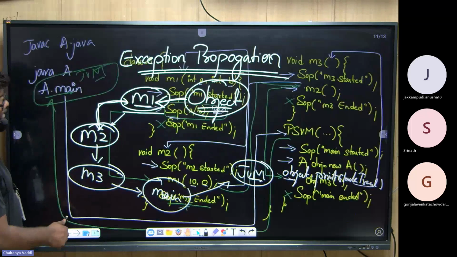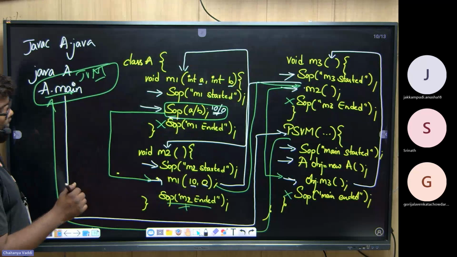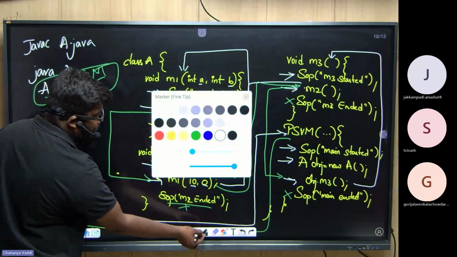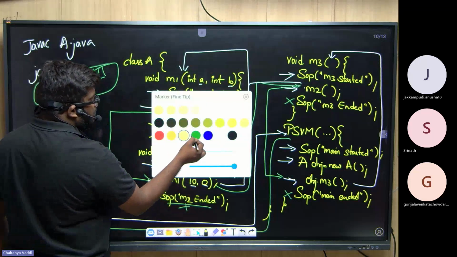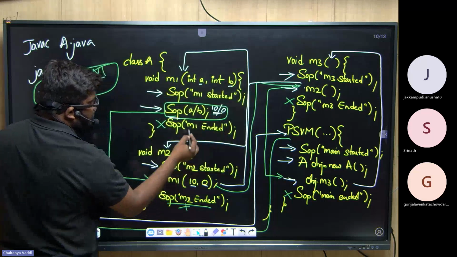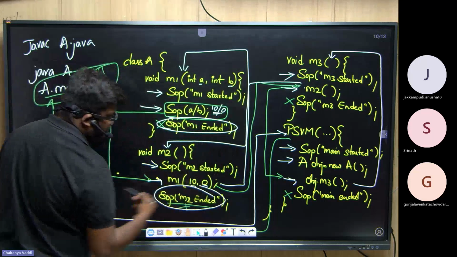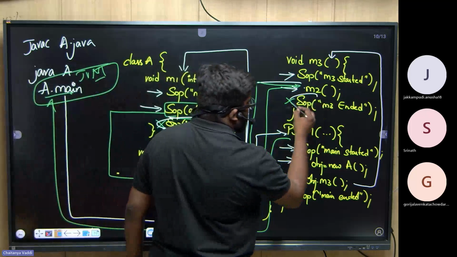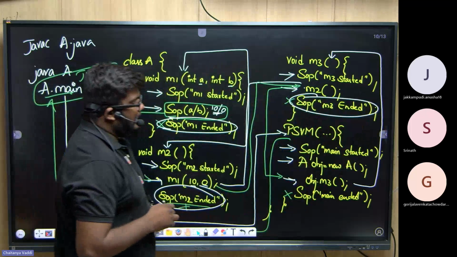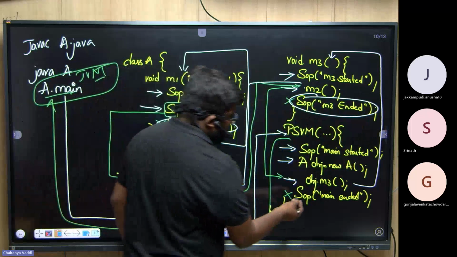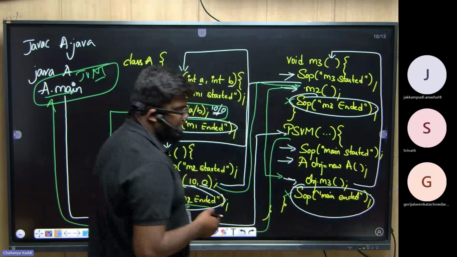But whatever has happened here, if you understand this properly, you come to a conclusion here: this statement has never been executed, this statement has never been executed, this statement has never been executed, and this statement has also never been executed, right?